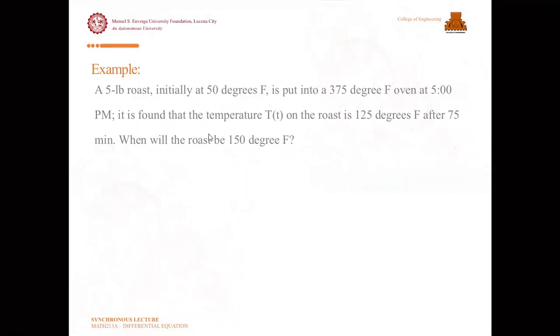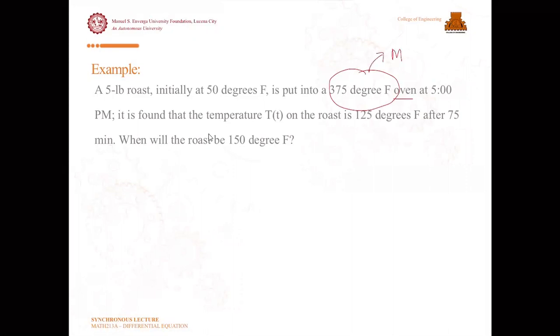Okay? So, yung scenario natin is meron tayong turkey na lulutuin natin sa oven. Ngayon, yung initial na temperature ni turkey is 50 degrees Fahrenheit. Ngayon, ang pinaka-control environment natin ngayon is si oven, no? So kung si oven yung control natin, pwedeng sabihin natin yung 375 degrees Fahrenheit, ito yung value ng temperature ng medium natin.